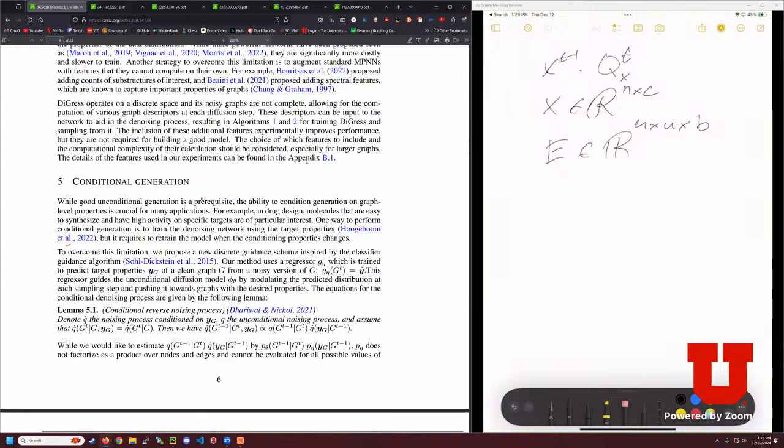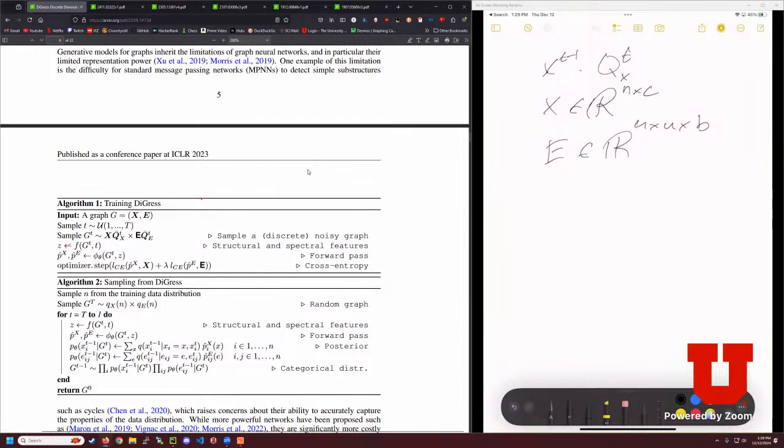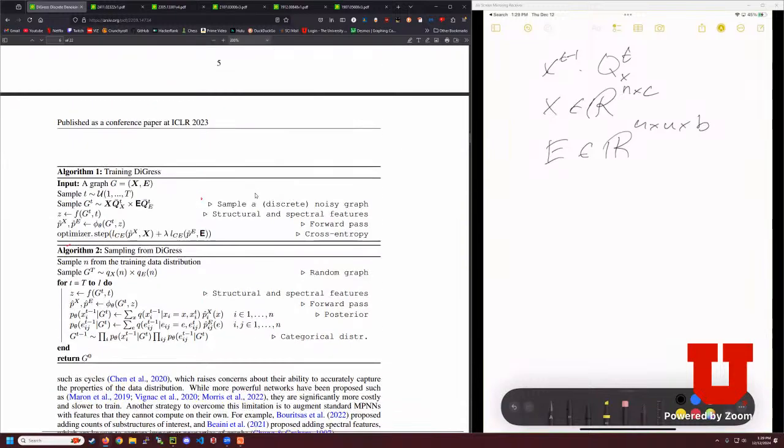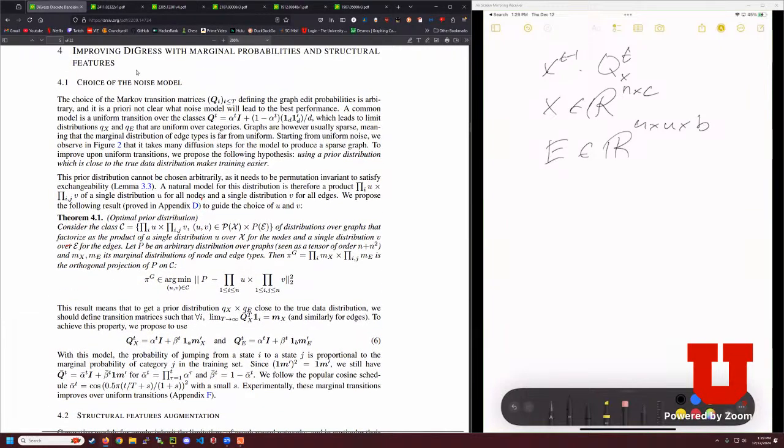Okay, I think it's a pretty interesting work. So how do they sample Q at every step? This is one of the weird things that they alter: they choose a specific type of noise model for it.